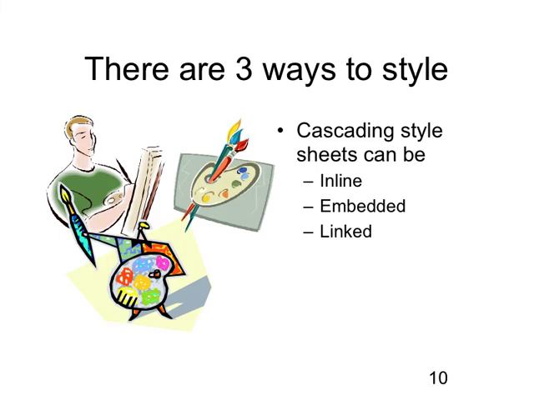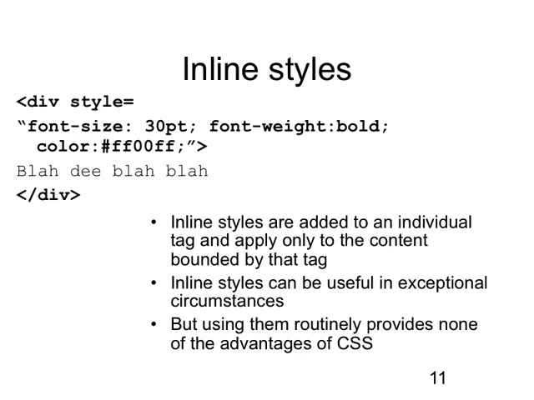Now you can style in three different ways. You can have an inline style, an embedded style, and a linked style. For this module, you're only going to use linked styles, but you should know about the others. So you can put a style inside a tag. Here we have a div tag. A div just stands for division.